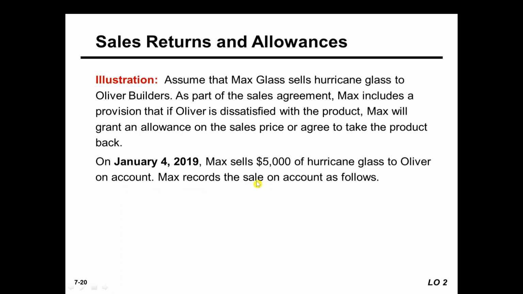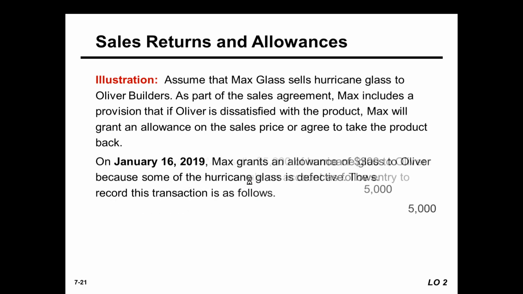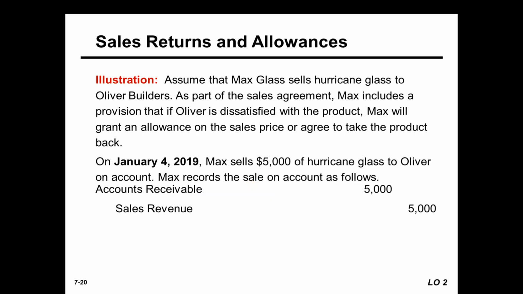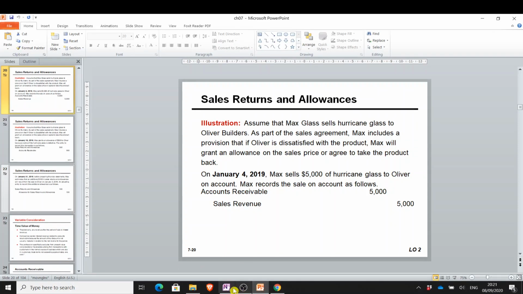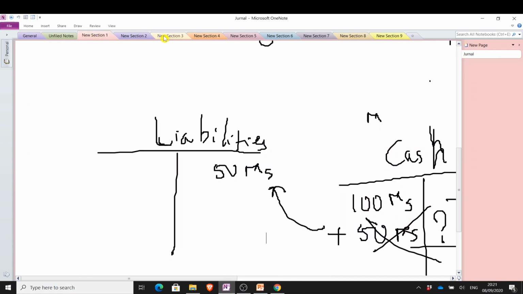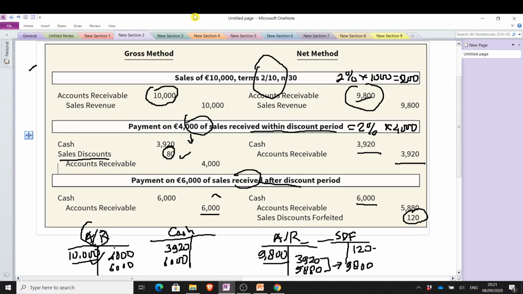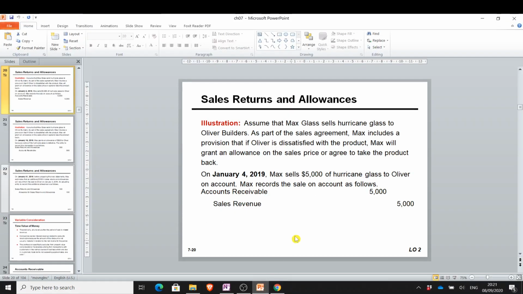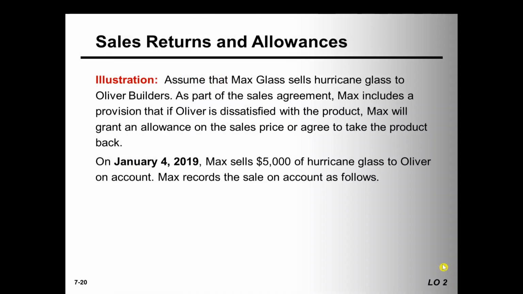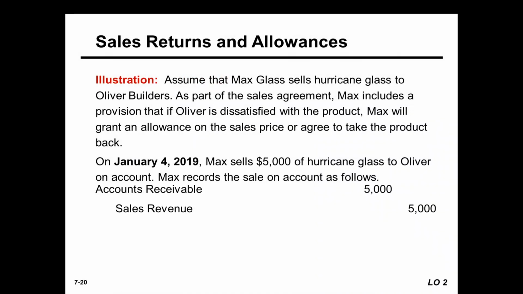So Max records the sales on account as follows: account receivable of 5,000 and sales revenue of 5,000. Let me see whether I have this one here. Okay. So you can see that we debit account receivable as much as 5,000 and sales revenue as much as 5,000.